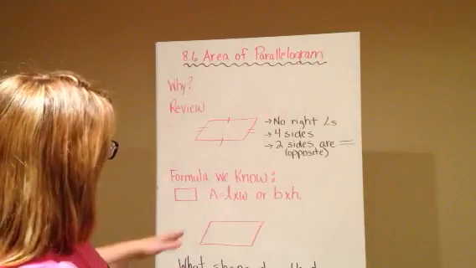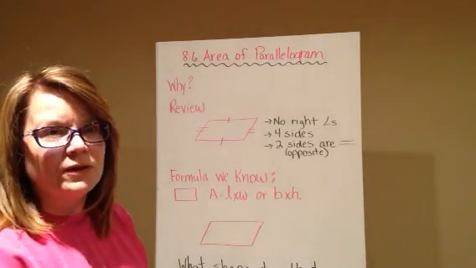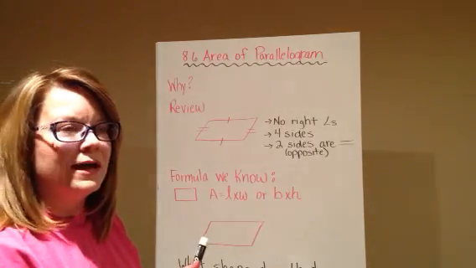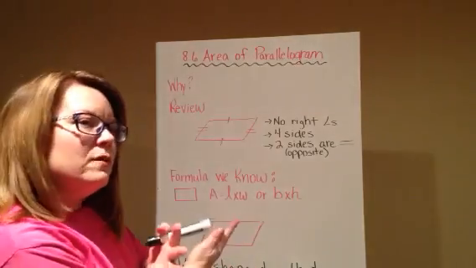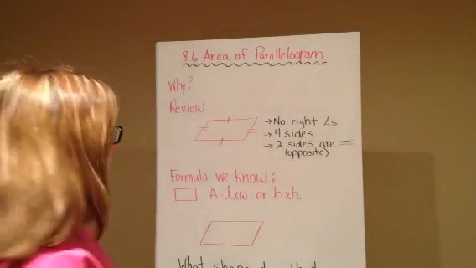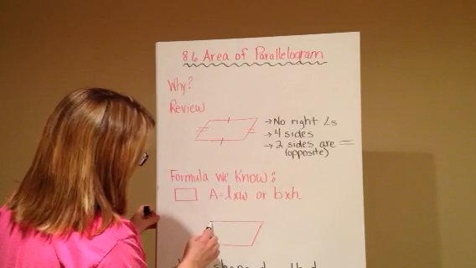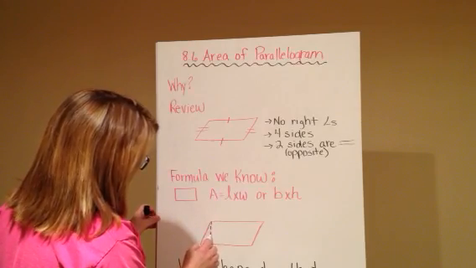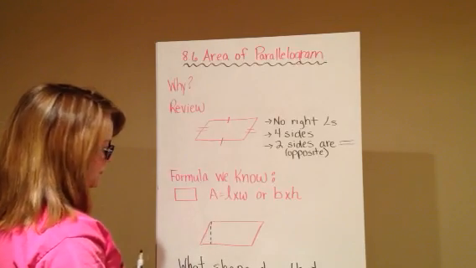So when we look at the parallelogram, the neat thing about a parallelogram is we can cut off the sides and move them around, and it becomes a new shape. So I want you to imagine that I took a pair of scissors and cut off this triangle right here.